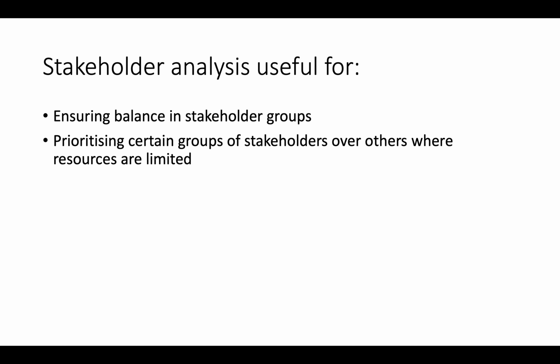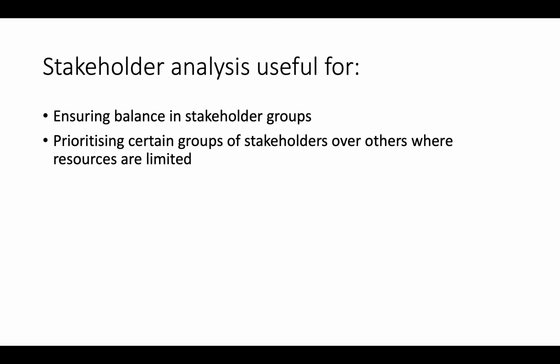Well, analyzing our stakeholders is really useful for ensuring that we have a balanced group and that we are covering all our bases with the key demographics that we're looking for. It also helps to prioritize certain groups of stakeholders or certain actors doing particular actions over others where we have a limited amount of resources.